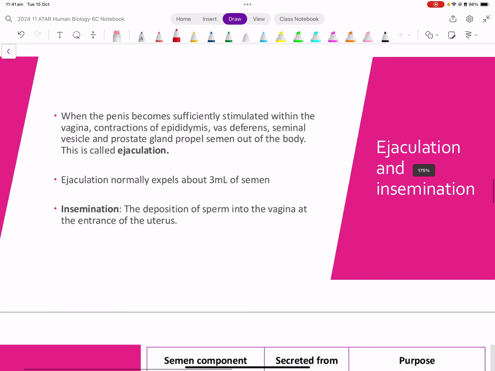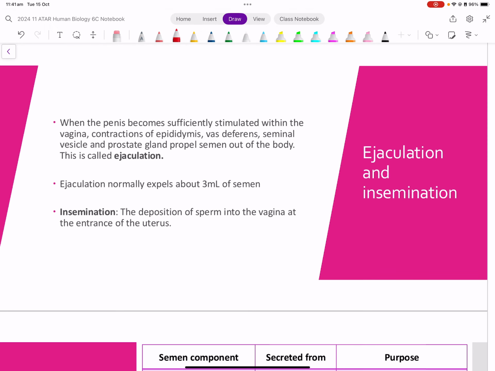So to talk about fertilisation, we first need to very quickly talk about ejaculation and this sperm being passed out through the penis itself. Once the penis has become sufficiently stimulated within the vagina, the epididymis, the vas deferens, the seminal vesicle, and the prostate gland are all going to contract, and that's going to lead to sperm or semen being propelled out of the body.